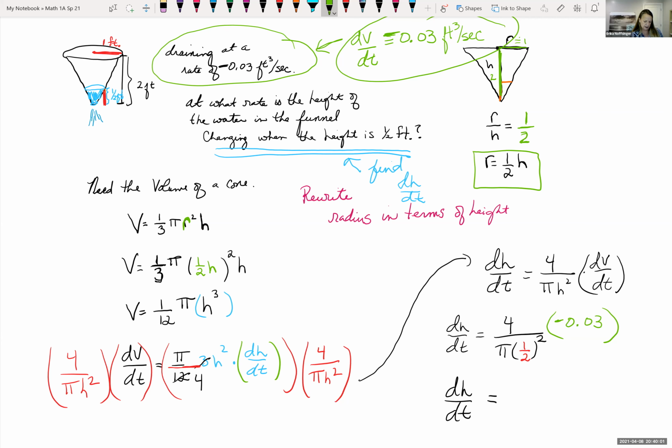And that's the denominator. So I get that this is negative approximately 0.153. And it's going down in feet. Our time is seconds.